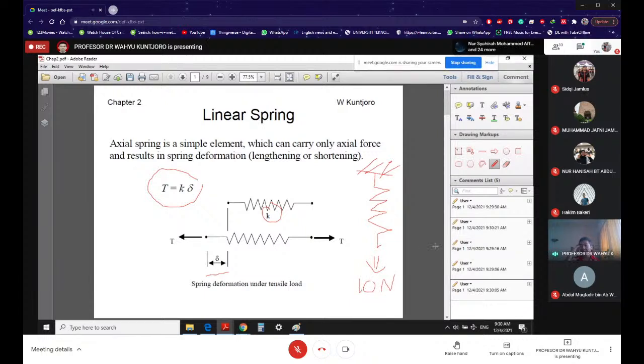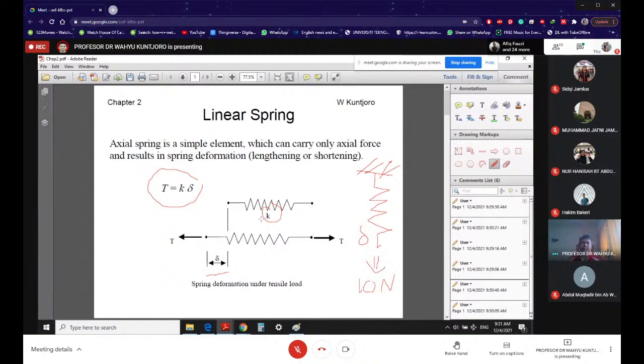And then you measure the elongation of the spring. The elongation can be 1 millimeter, 2 millimeter, 3 millimeter, 5 millimeter, and you call it delta. So the value of K, you can get from here: 10 divided by delta is going to give you the K. And of course, the unit is going to be Newton per meter, Newton per millimeter, or pound per inch, for example. So that's the way you get your K.